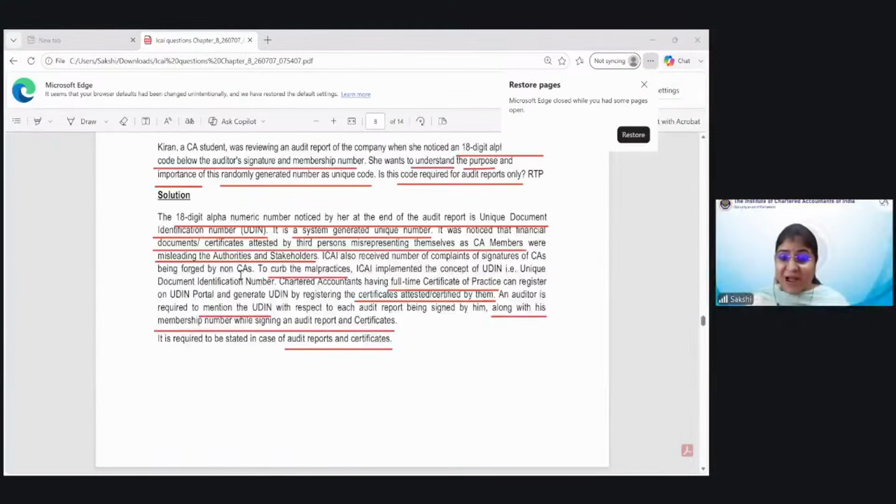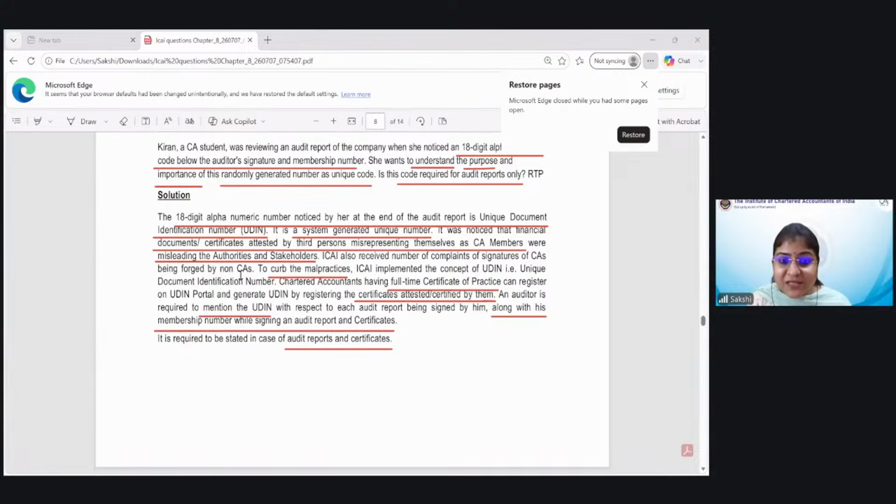To curb this malpractice, ICAI implemented the concept of Unique Document Identification Number. Chartered accountants who have a full-time COP, certificate of practice, can sign. Those who are into jobs cannot sign, isn't it? So chartered accountants who are into full-time practice can register on the UDIN portal and generate this UDIN by registering the certificates attested by them.